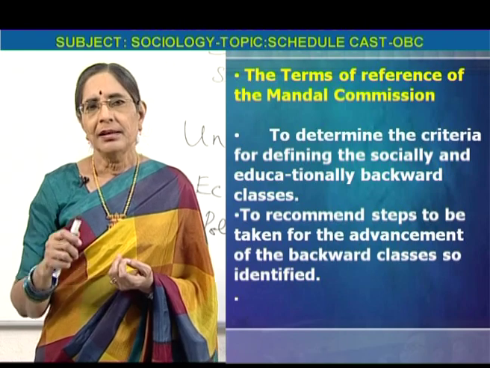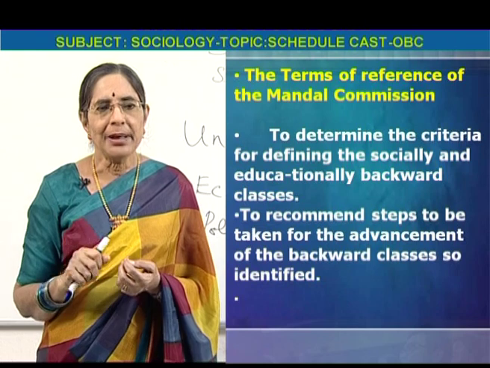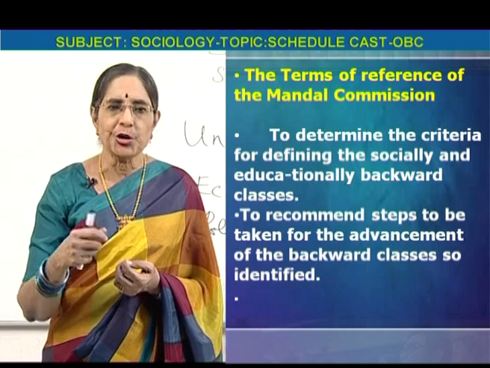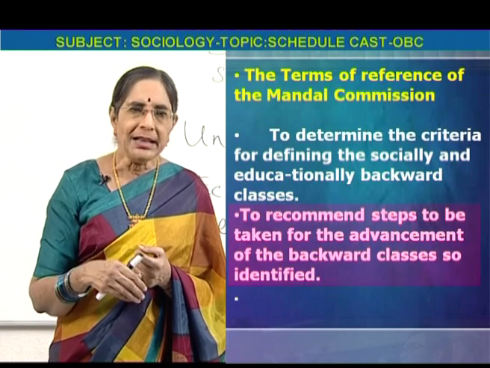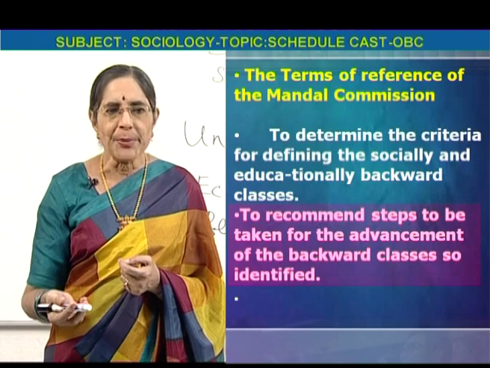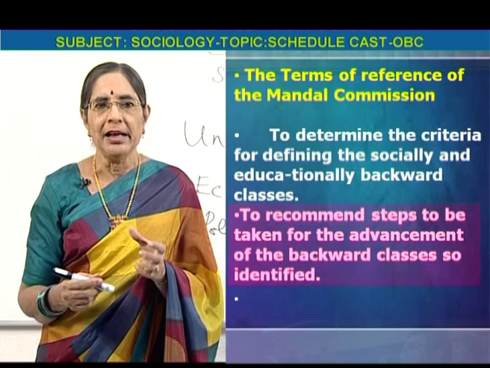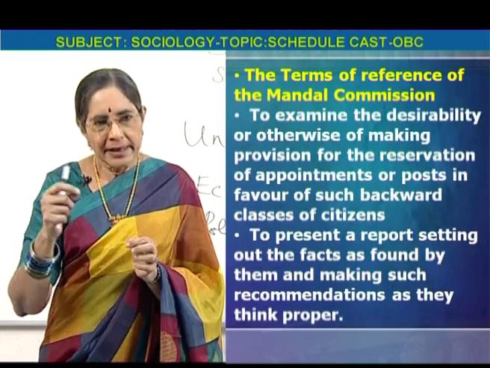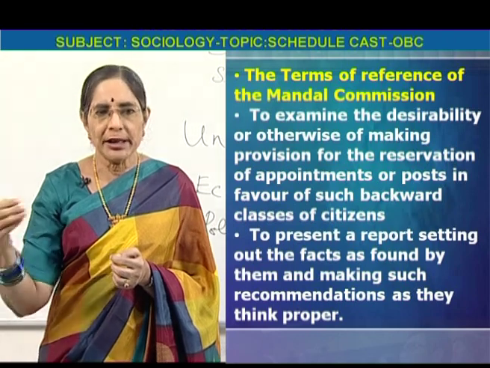So, this committee took the duty of determining the criteria for defining the social and educational backwardness of various classes. The second function of the Mandal Commission is to recommend steps to be taken for the advancement of the backward classes so identified. First, identification; next, taking various actions in order to include them.